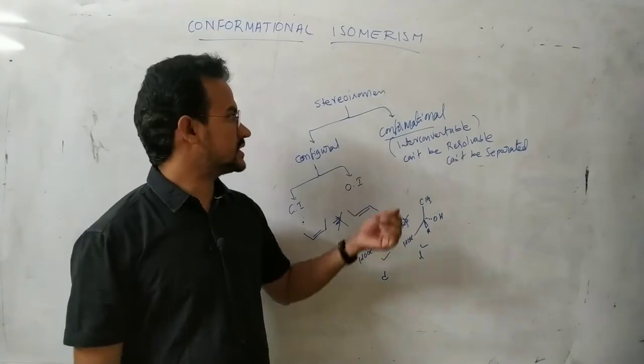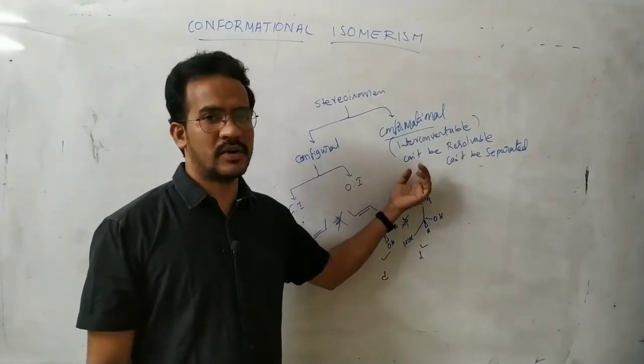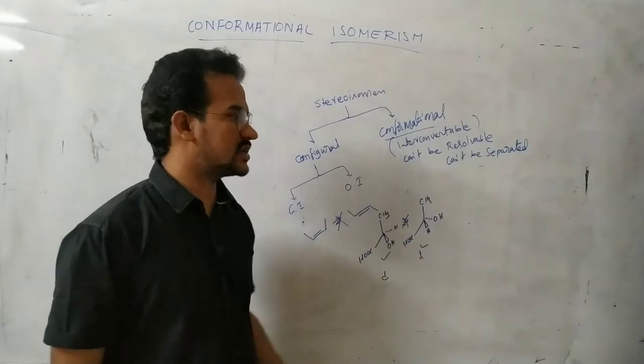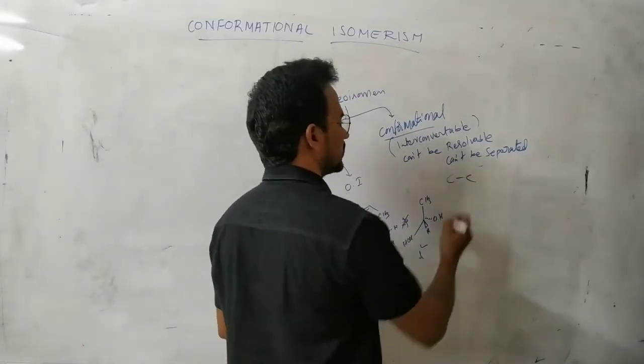These conformational isomers are possible due to free rotation about the carbon-carbon sigma bond.